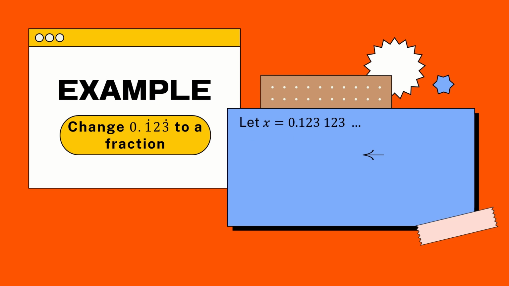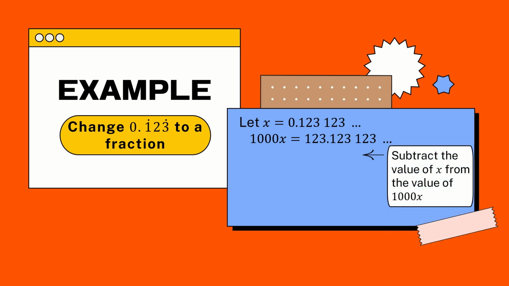Because there are 3 digits that recur again and again, we need to multiply x by 1,000. So we've got 1,000x equals 123.123123, and we need to subtract the value of x from the value of 1,000x.